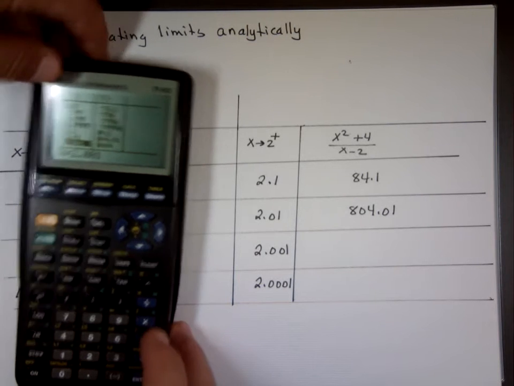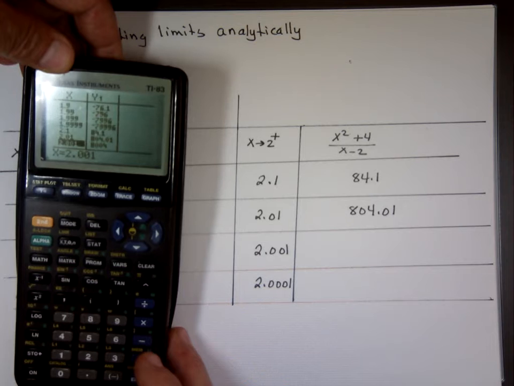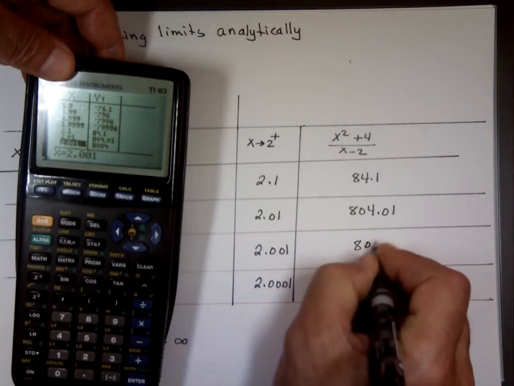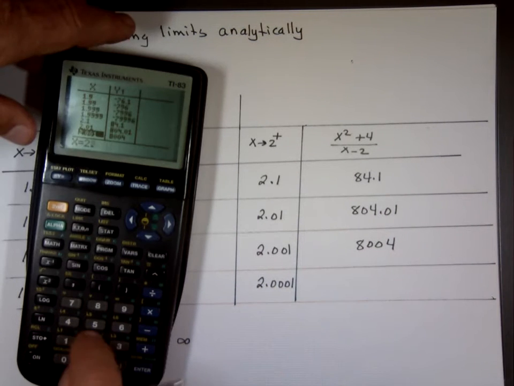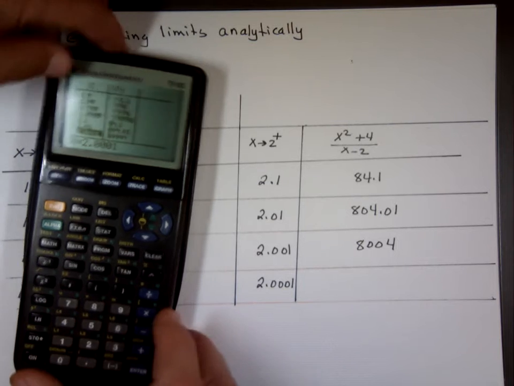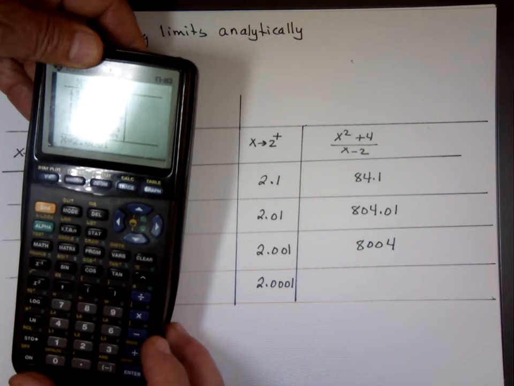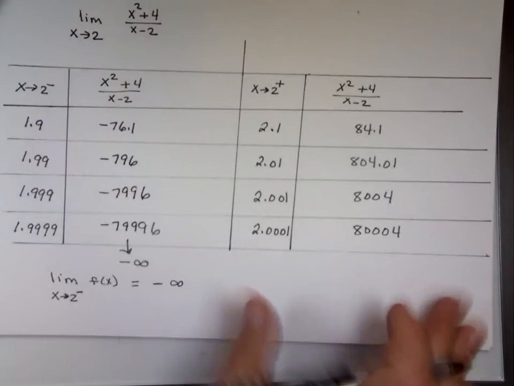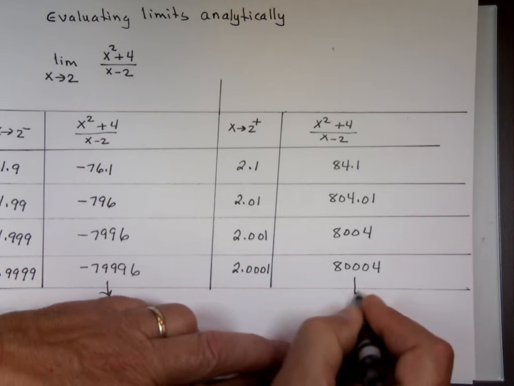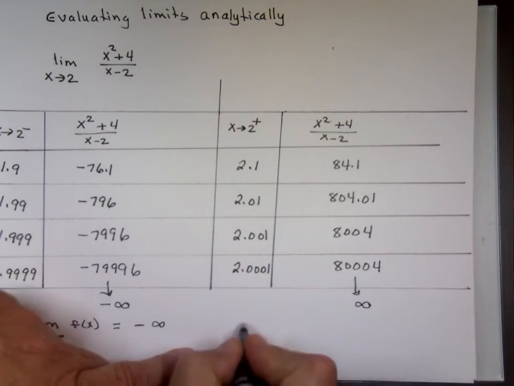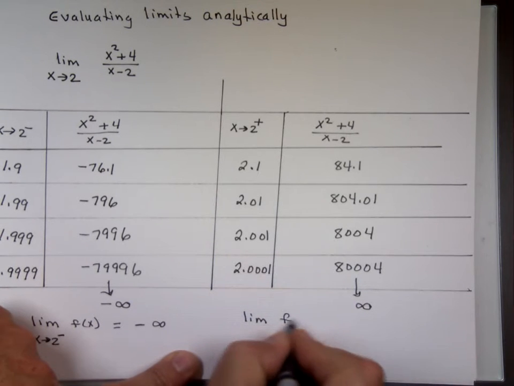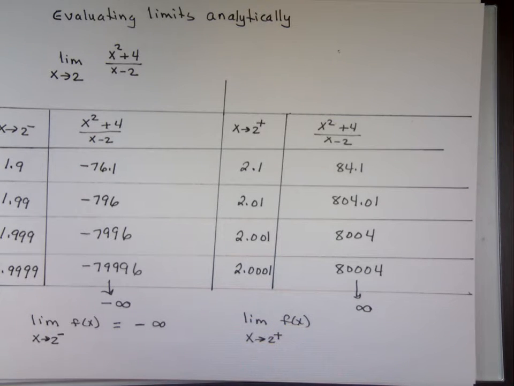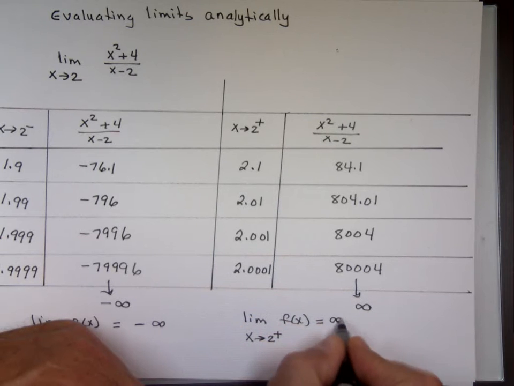For 2.001, the calculator said roughly 8004. It's not even giving me decimals, but that's fine. For 2.0001, 80004. Where's that number going toward? Plus infinity. So what's the limit of f of x as x approaches 2 from the plus side? That's equal to plus infinity.